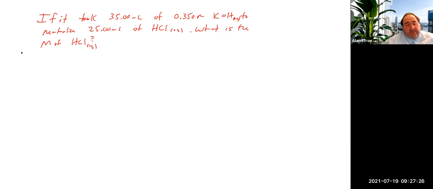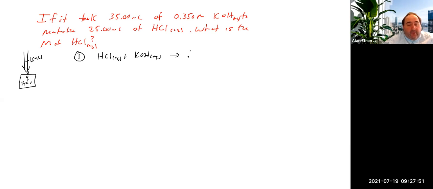Visually, what's happening up in the buret is our KOH, and down here would be our HCl. We're adding our KOH to our HCl. We're going to need an equation, so that's hydrochloric acid, which is a strong acid, and KOH, which is a strong base.